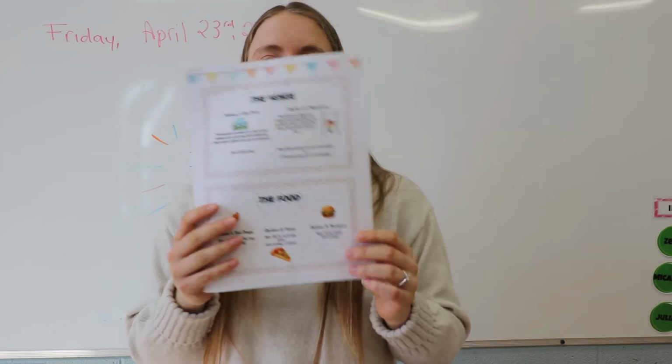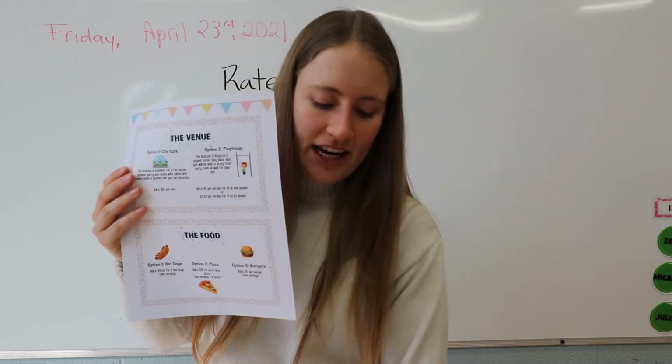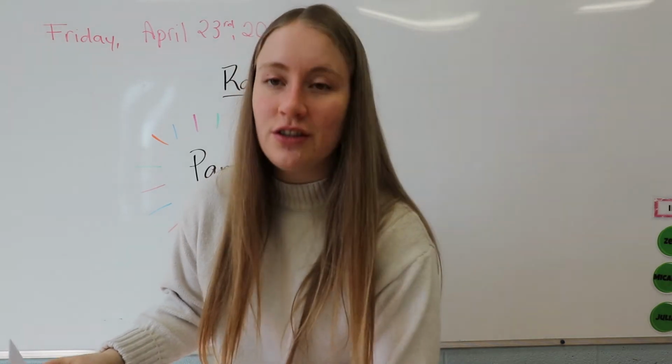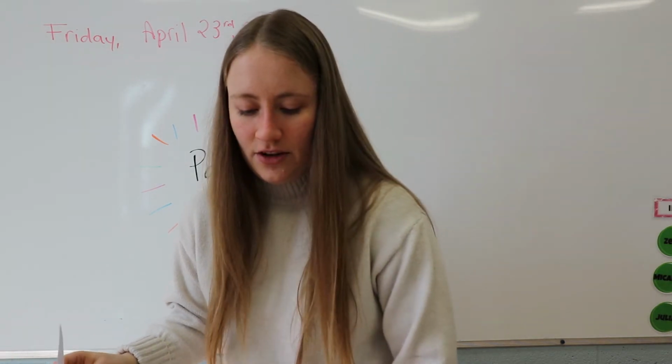For how many guests you'll have, because stuff like food, your rate is gonna cost different values depending on how many guests you're inviting. And stuff like the cake, it's gonna cost a different amount depending on how many guests you have. So make sure you've decided that in your planning, okay?